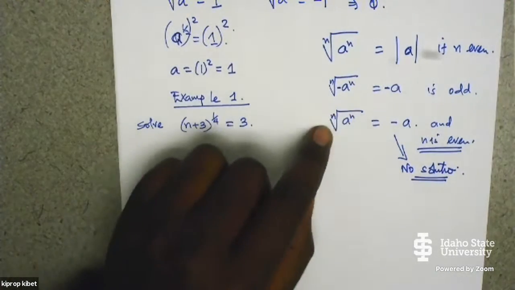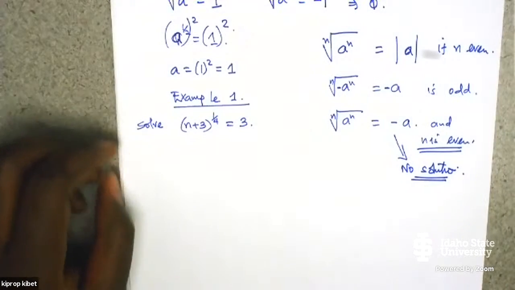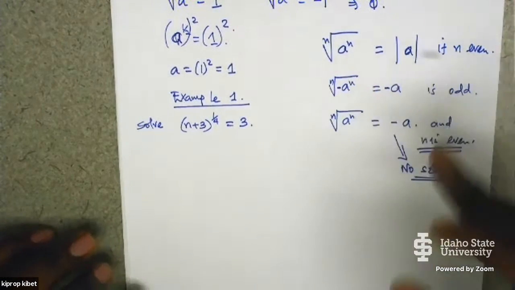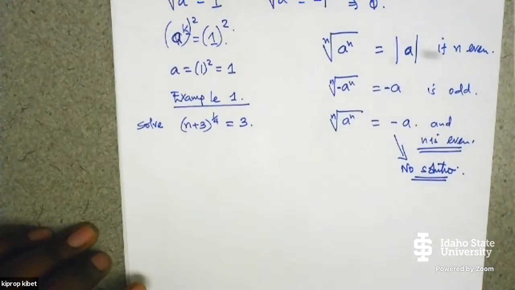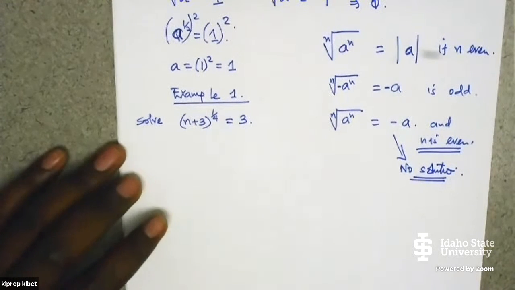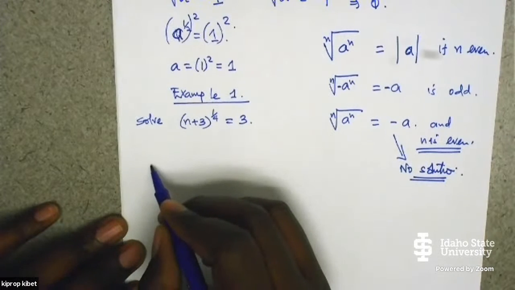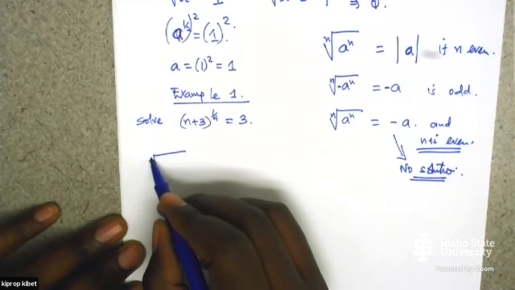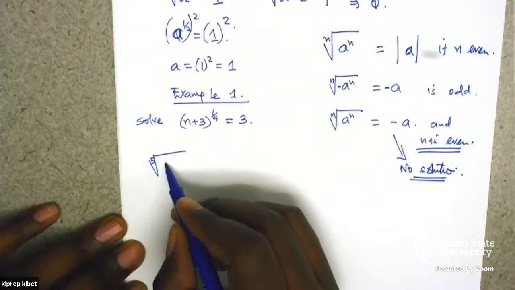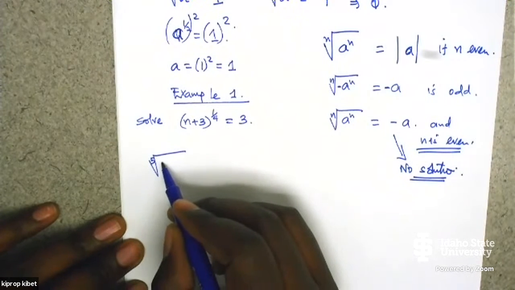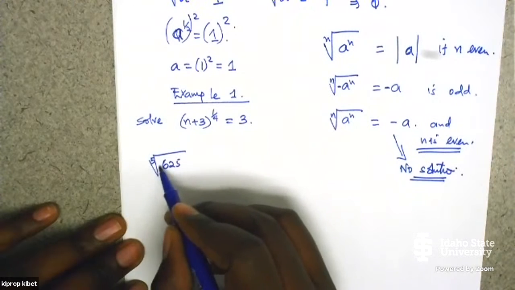If this n is even, then there is no solution. But if it is odd, then it doesn't have an issue, because if we remember some of the examples that we did, let's say the 5th root of 625, or let's say negative 625.